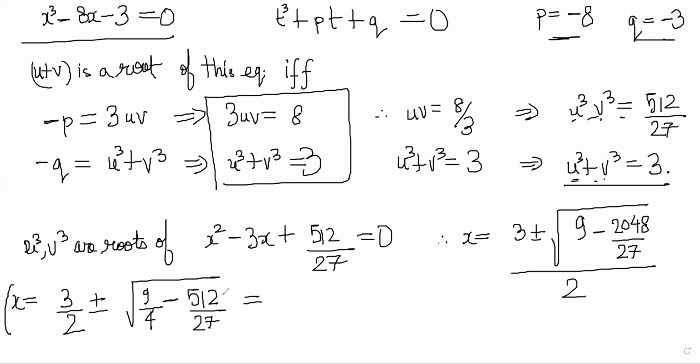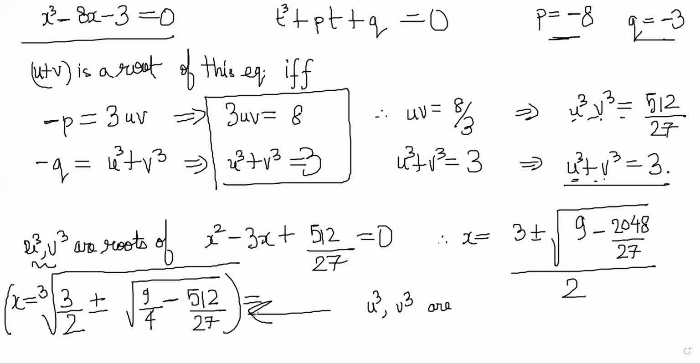This is my x. So what is x supposed to be? X are the two roots. So u cube and v cube are basically these two roots, right? So I take the cube root of them and the sum of u and v will be the answer, right? So you have to now take the cube root of this, plus the alternate cube root.